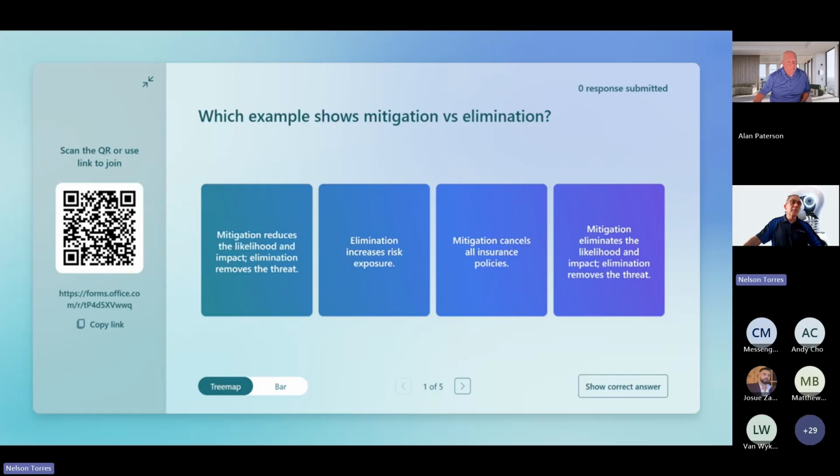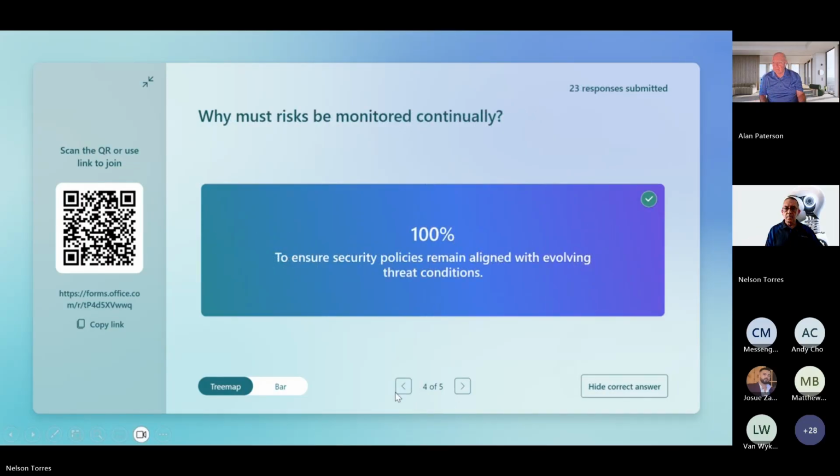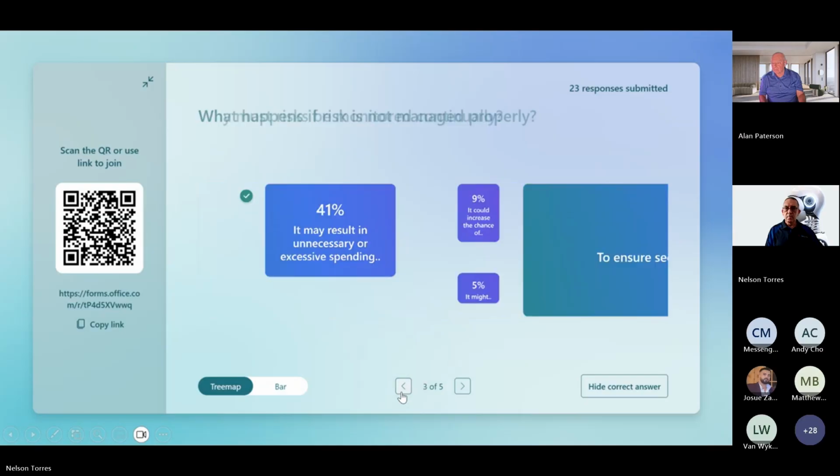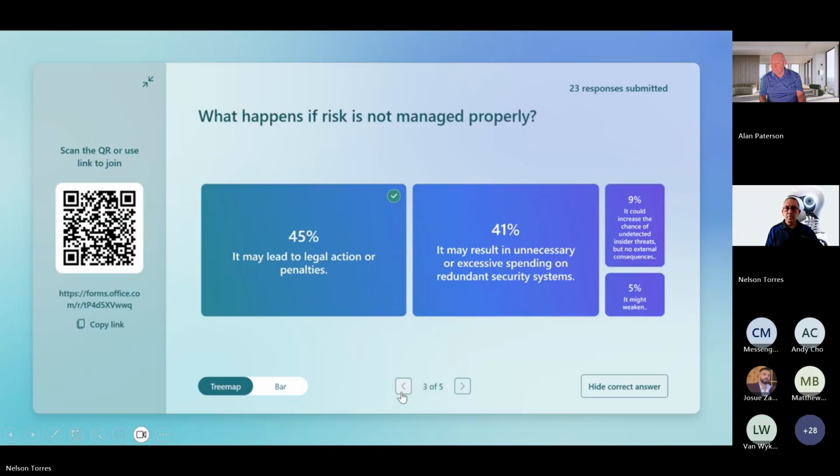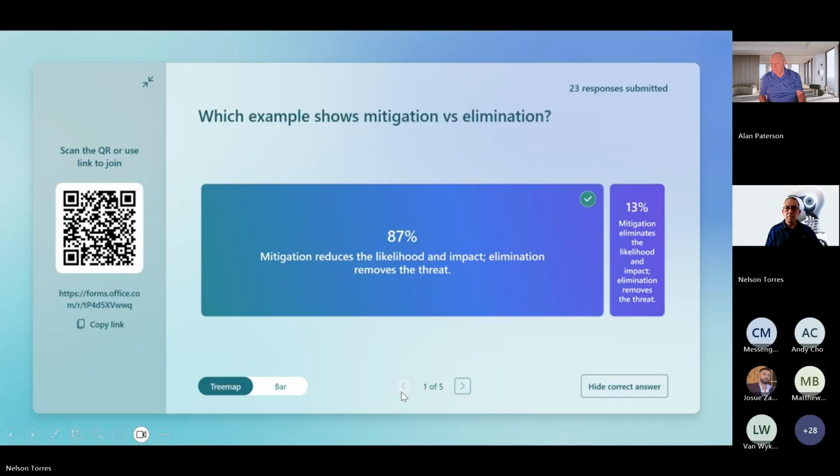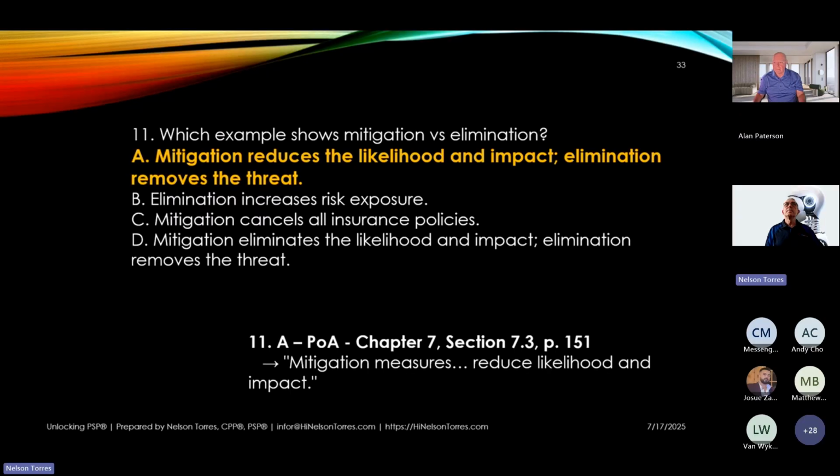I sent an email last week with the quiz and the answer from domain 1 task 4. Okay, move on.